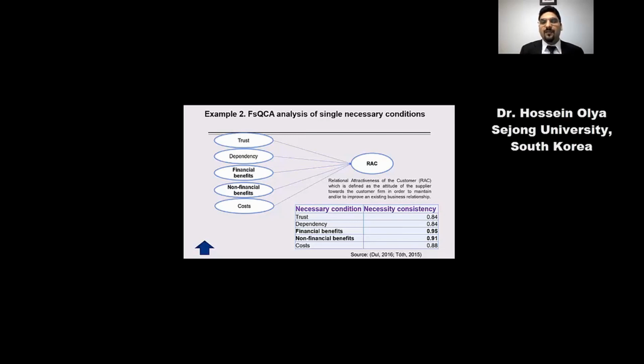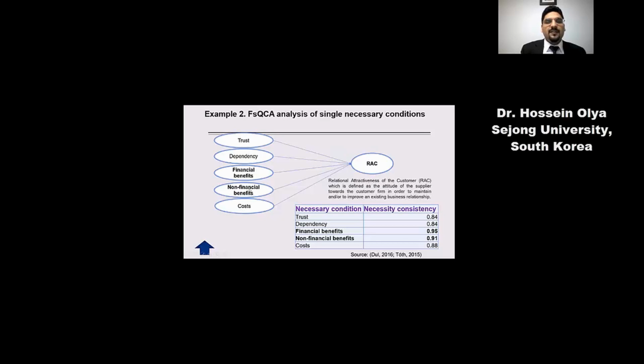What factors are important for regulating those attitudes and those behaviors? They employed several factors that maybe function as sufficient antecedents, like trust. Trust is a sufficient factor for RAC. Dependency, financial benefit, non-financial benefits, and cost.